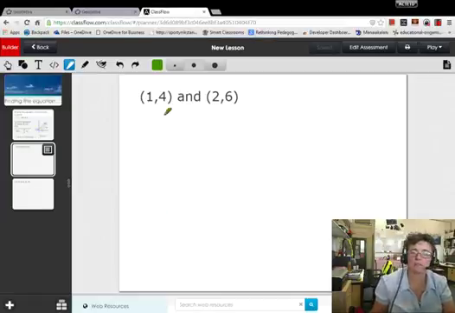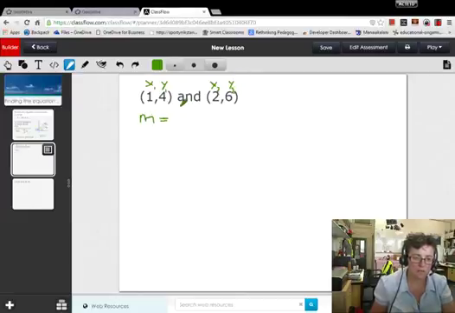Okay, let's look at another example where we've just got coordinates. So the first thing we need to find out is what m is equal to. So m, the gradient of our line, is equal to the change in y coordinates divided by the change in x coordinates. So let's call this our x1 and y1, and this x2 and y2.